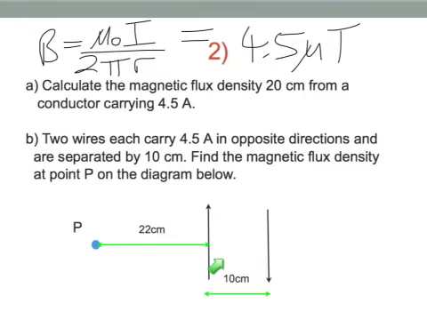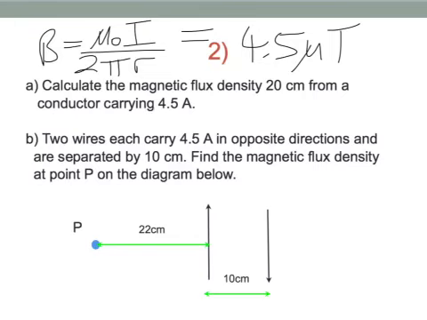Now from here to that point P is actually 0.32 meters. We must use meters. So if you use that in this position here for the radial distance, the current is the same in both wires, 4.5.